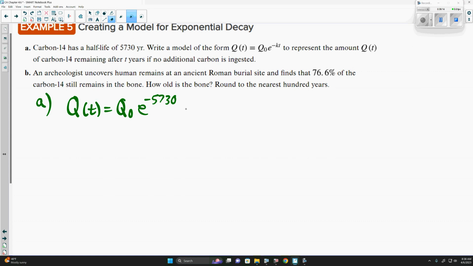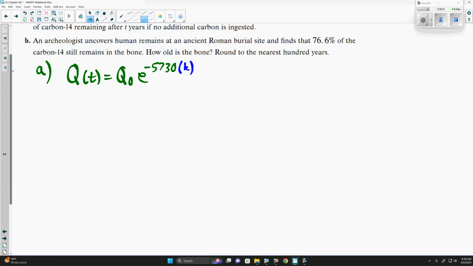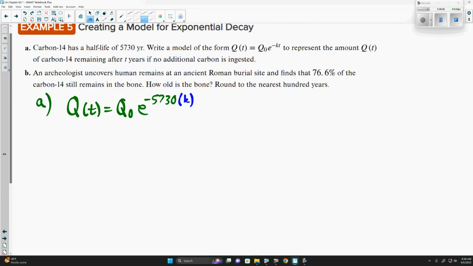Okay. And because what we're saying is we want to find the specific values. We want to find the specific value of k.